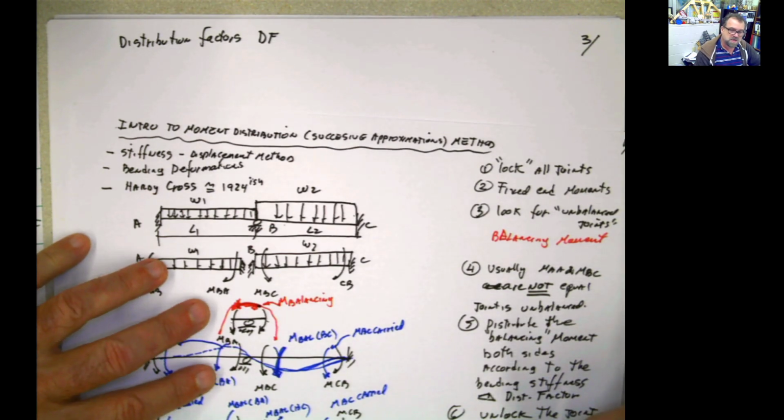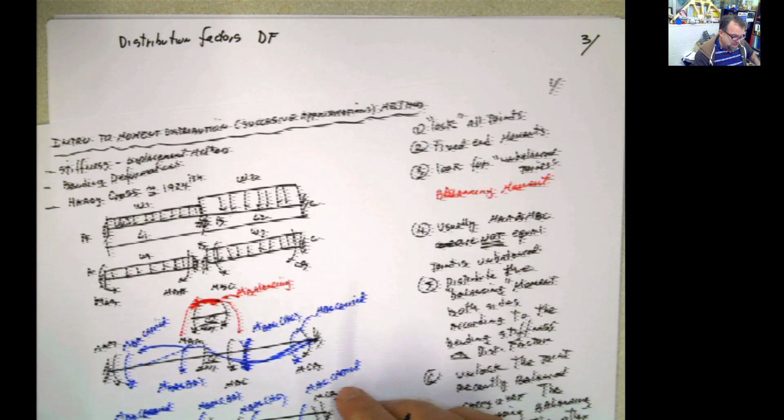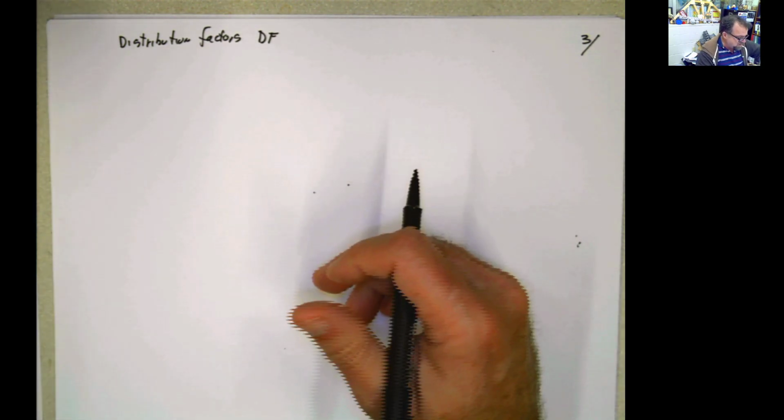You're going to distribute that based on the distribution factors, and these are based on no other thing than the bending stiffness of the element.